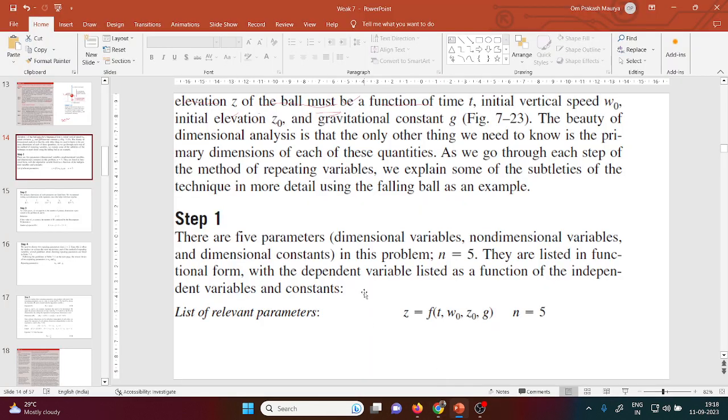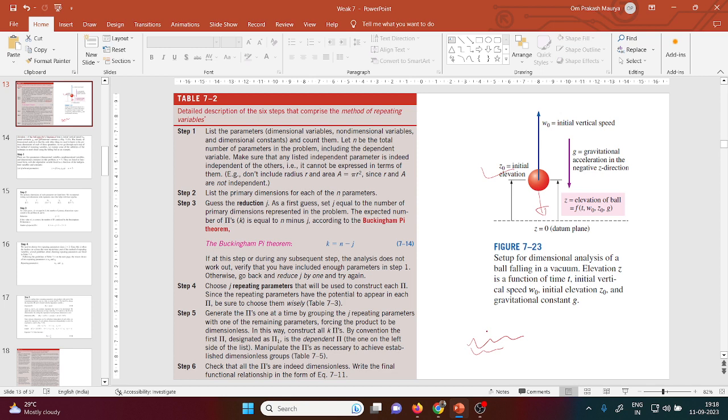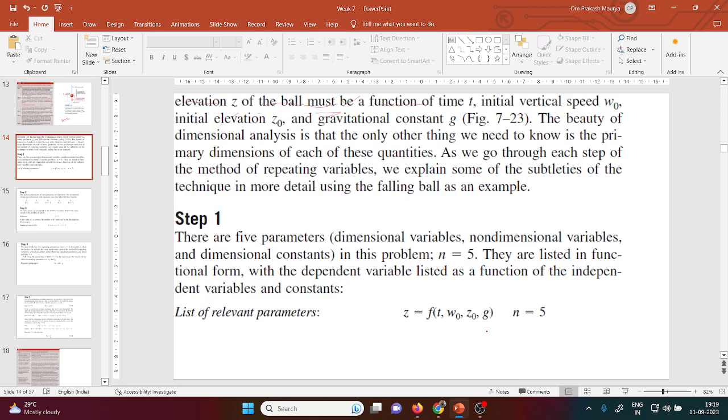Okay, now I will move through the concepts. So one ball is falling in the vacuum, as the previous figure shows. The elevation of the ball must be a function of what?